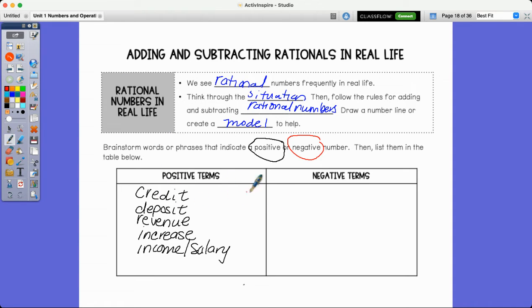So we're going to go opposites here. So the opposite of credit is a debit. Opposite of a deposit is a withdrawal. Opposite of revenue is the word deficit.